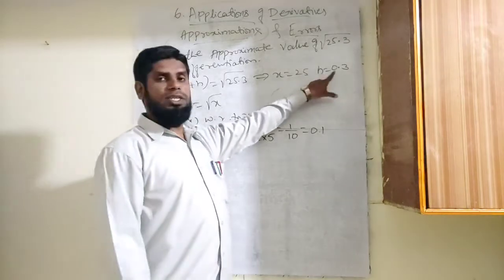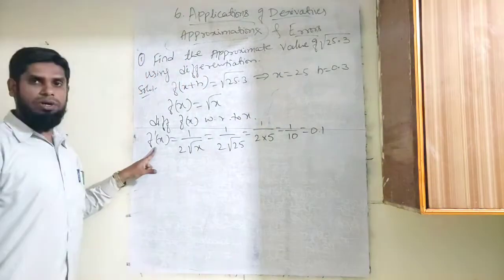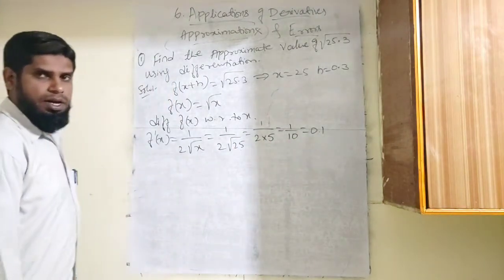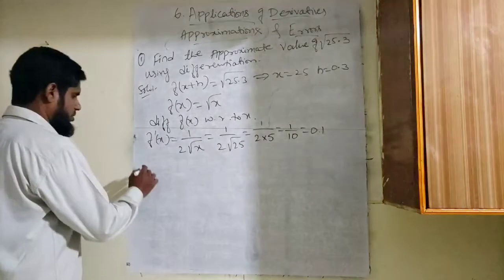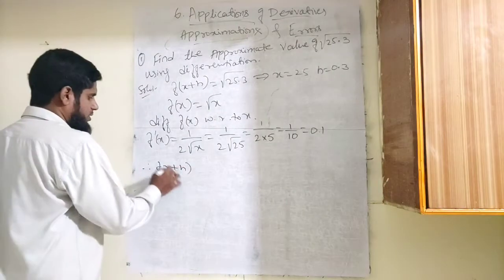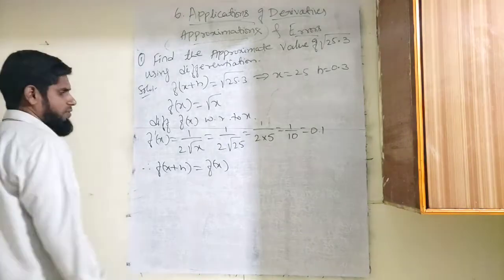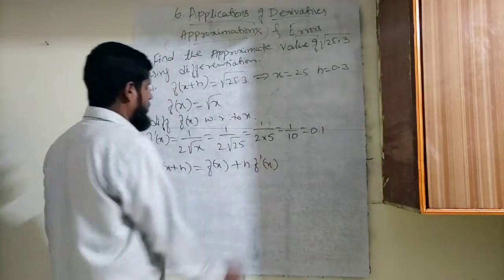So I got the small change in x. I know the value of x, and its derivative at x equal to 25 is 0.1. Let me write the formula and then I will substitute. Therefore, f of x plus h is equal to f of x plus h into f dash of x.